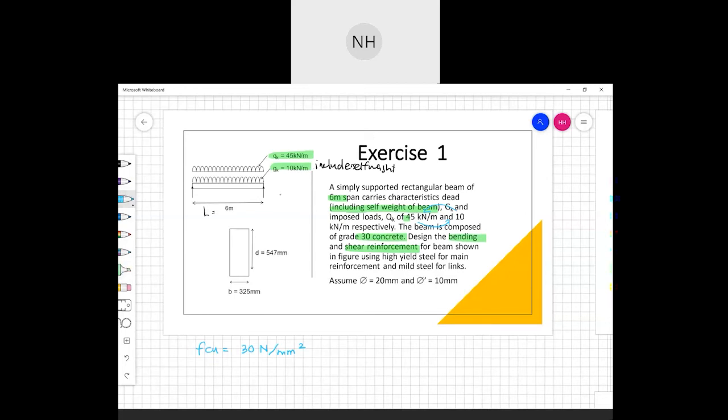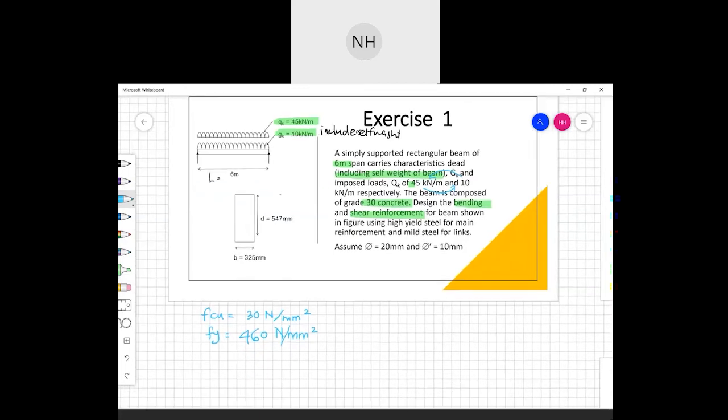So dalam soalan ni dia minta you kira bending and shear reinforcement using high yield steel for main reinforcement. It means that Fy is 460. Fy maksudnya steel strength for main reinforcement, main bar, semua yang main lah, ataupun bending reinforcement.